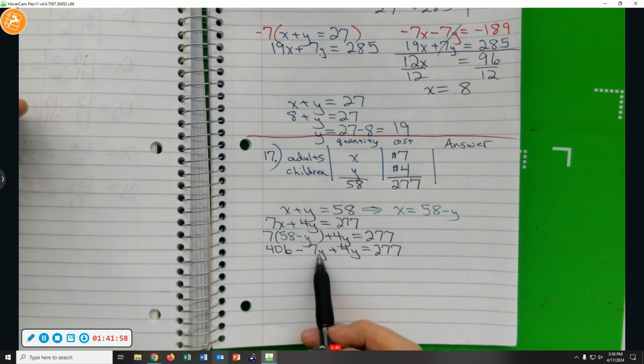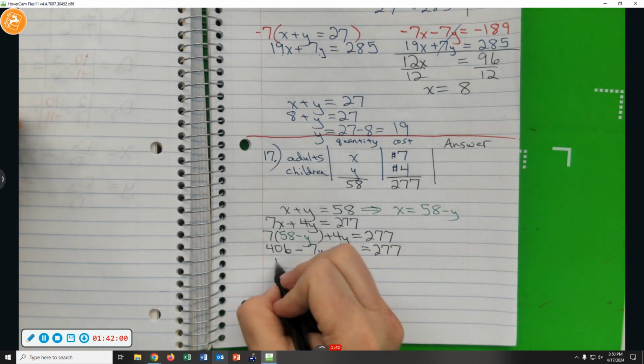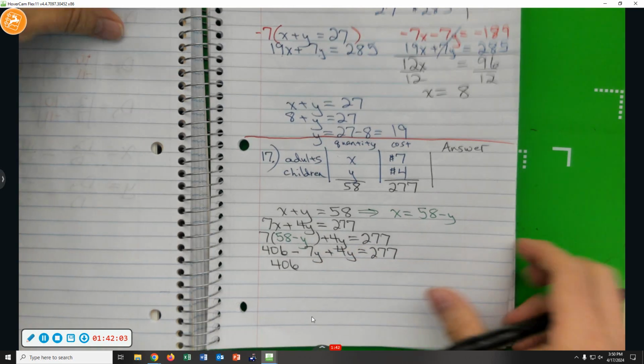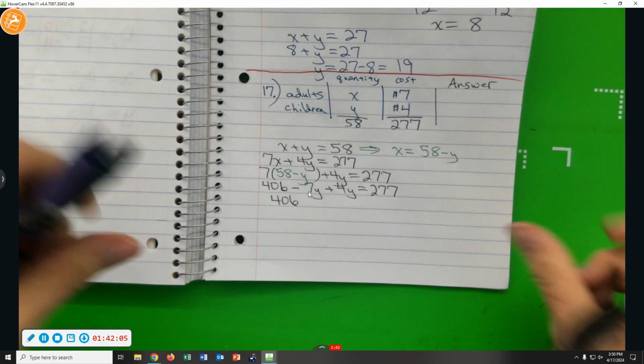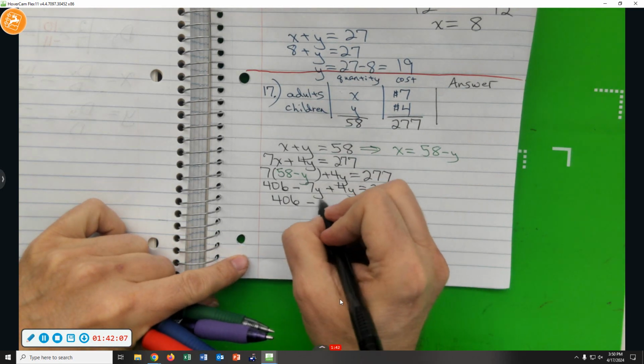And negative 7Y plus 4Y gives me a minus 3Y.